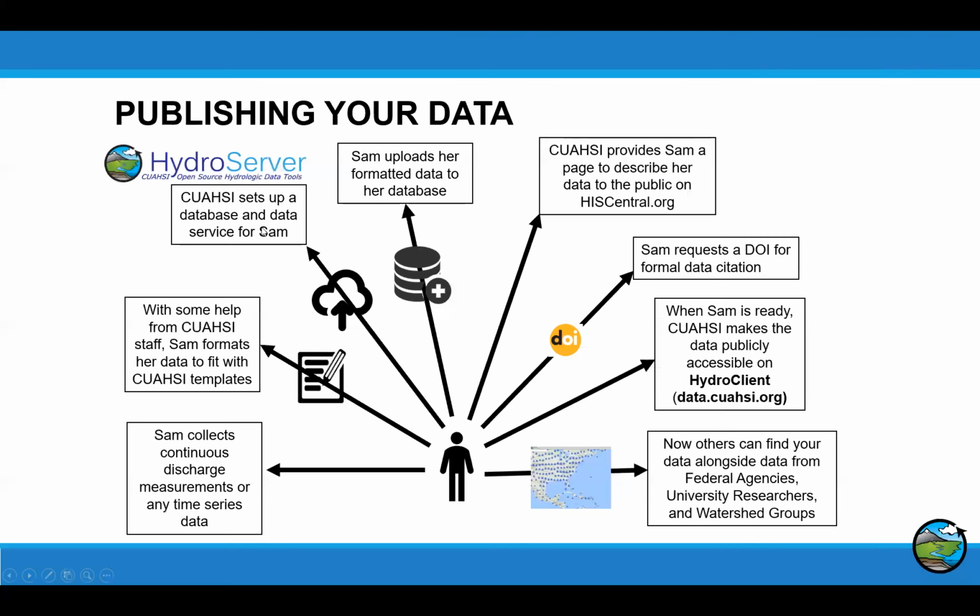So it would be in this spot here. Again, the first step was really collecting. The second one is the step that we just did, uploading the data. It fits into the template, it's uploaded.